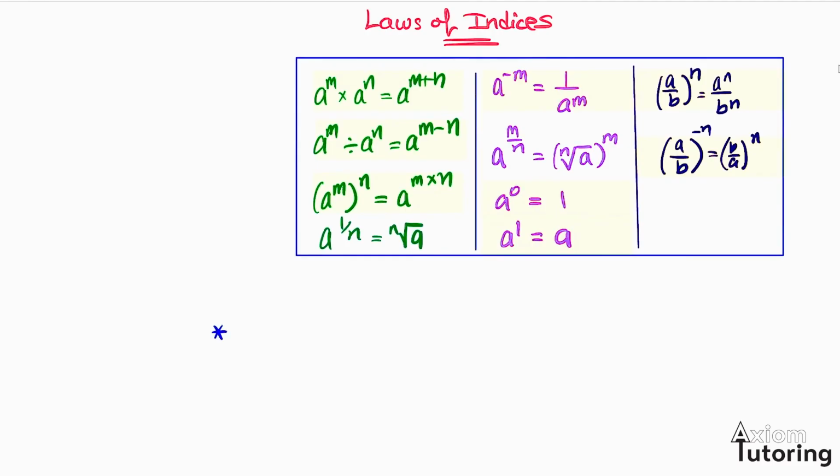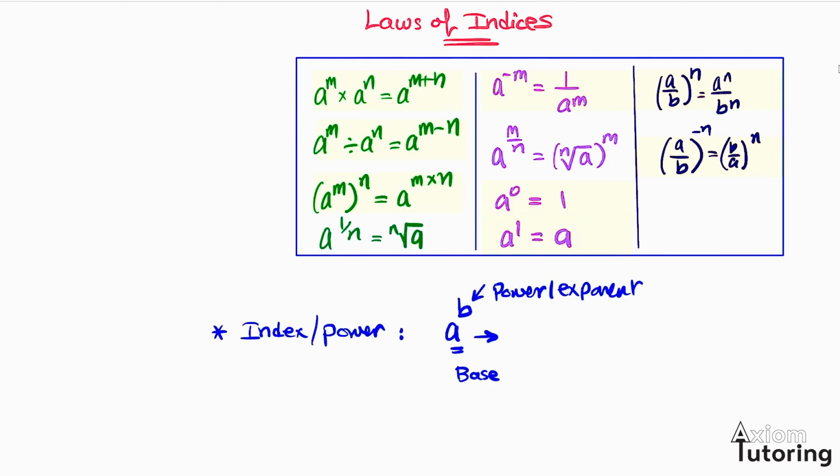Let's first start by defining what an index, more often referred to as a power, is. A to the power of b means that the base a is being raised to the power or exponent b.